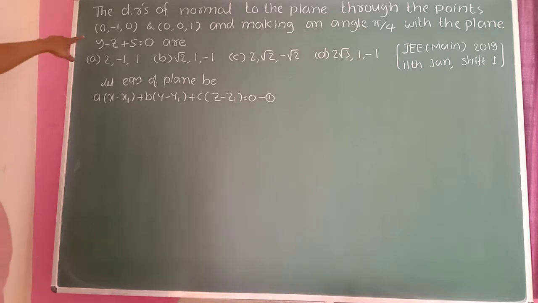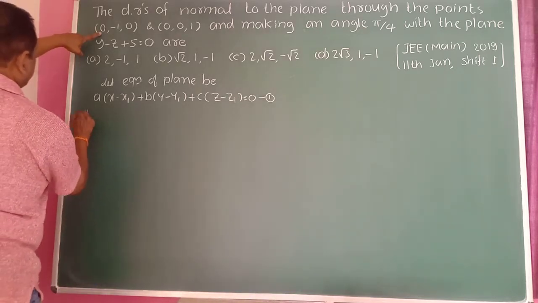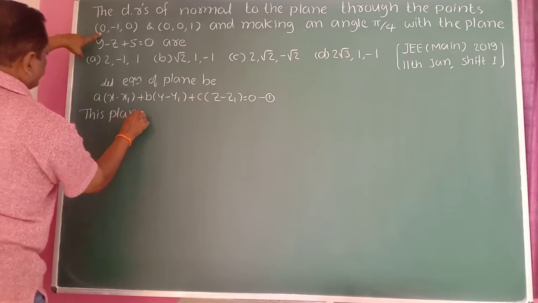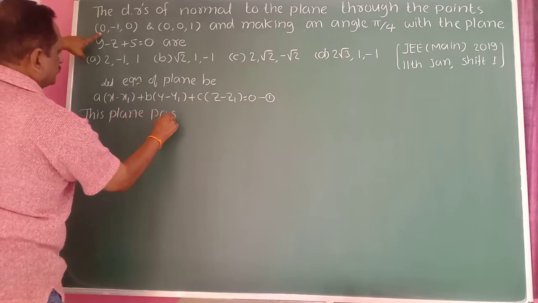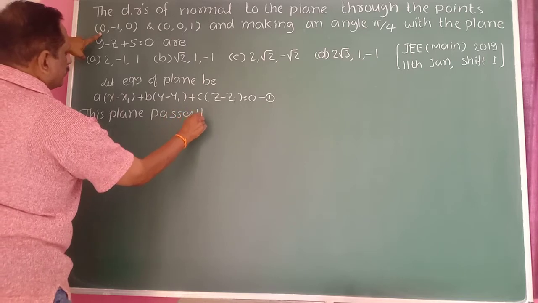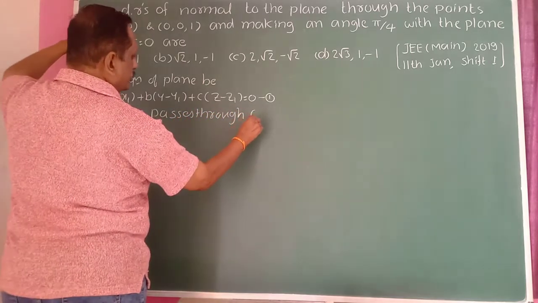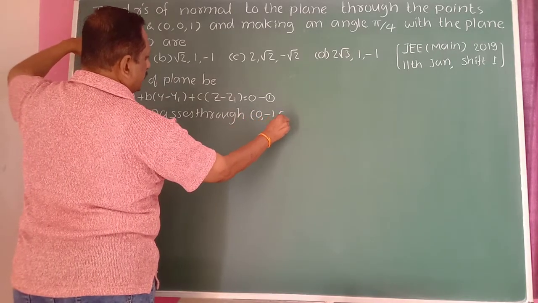This plane passes through the point (0, -1, 0).